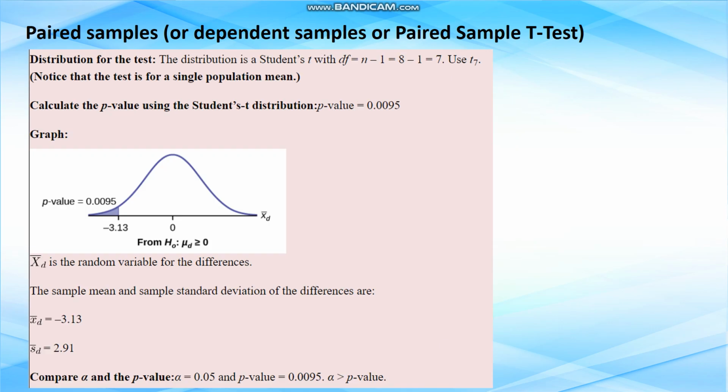So you can see the distribution for the test. The distribution is a student t with degrees of freedom n-1. The number of data is 8, right? 8 minus 1 is just 7. So t7. Notice that the test is for a single population mean.